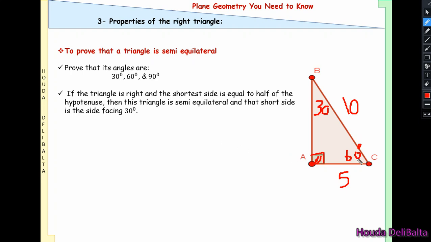So again, whenever we see a right triangle and the shortest side in it is half of the hypotenuse, then this triangle is directly a semi-equilateral triangle.